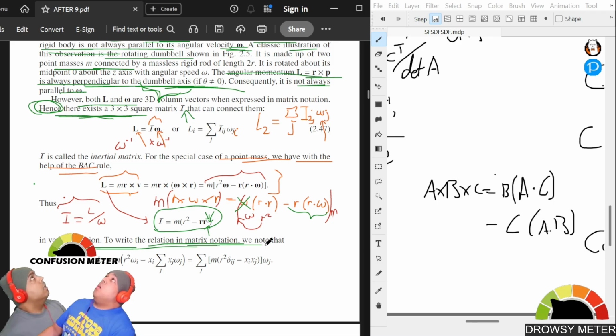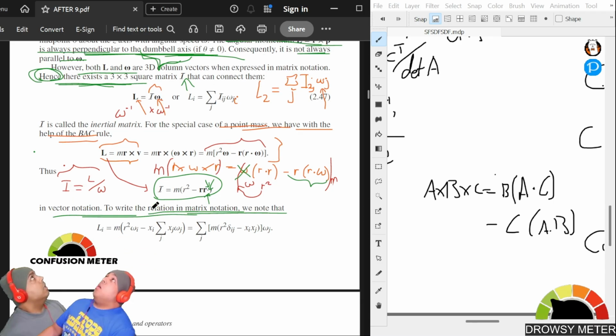To write a relation in matrix notation, we note that Li equals M. Okay, well, we're taking it from here.